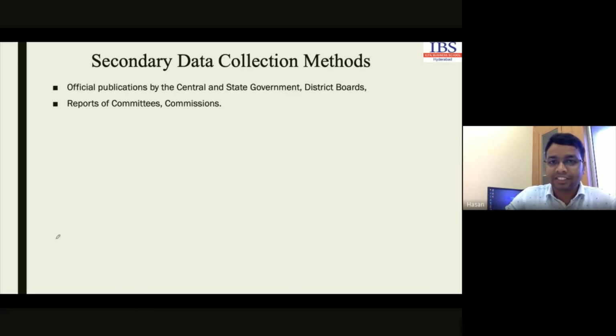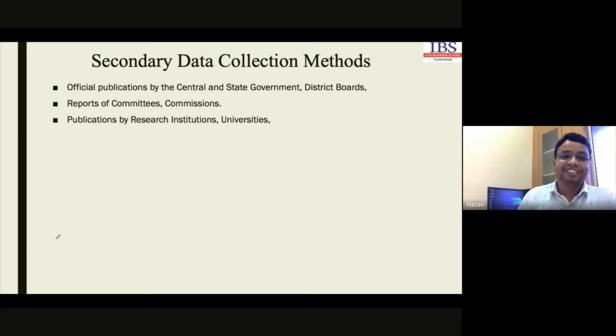Again the same thing: they collect the data, process it and publish it. Next is publications by research institutes or universities. If you are looking at the publications of ICFI, it will be secondary data.